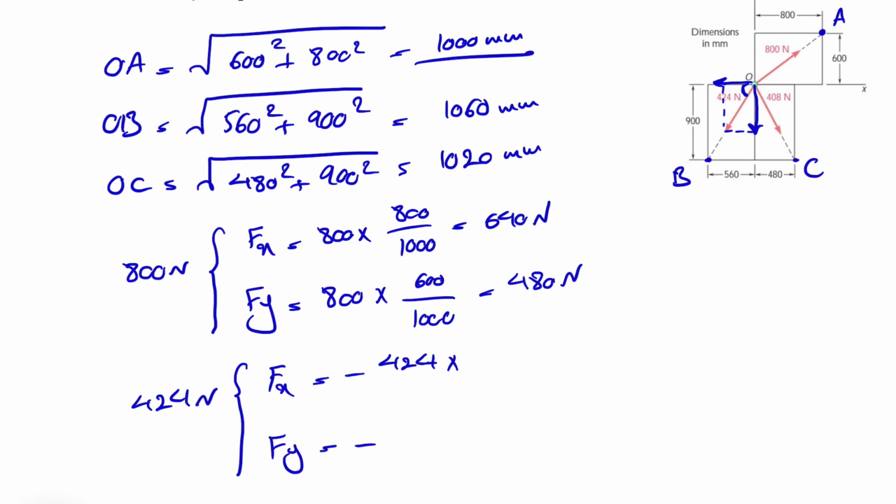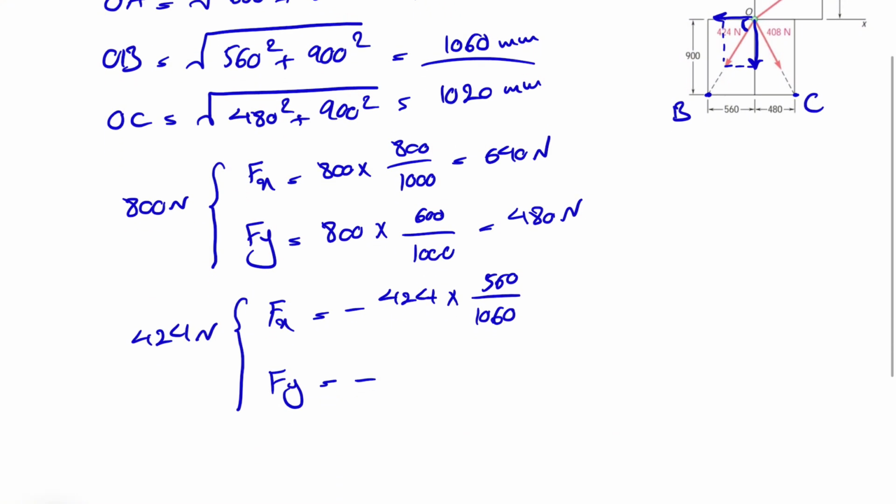Cosine of that angle would be adjacent, which is 560 over OB, which is the hypotenuse, or 1060. And for Fy, we have the same thing. This time we'll have opposite, which was 900 over 1060.